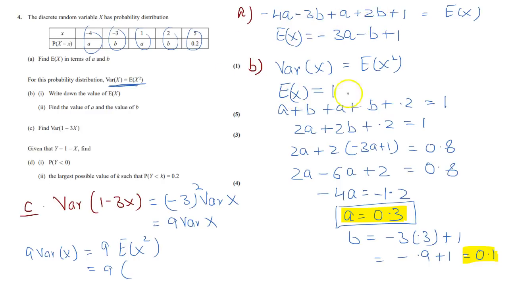E(X squared) was this, so now it will be the squares. So minus 4 squared is 16A, plus 3 squared is 9B, 1 squared and A is A, 2 squared is 4B, and 5 squared is 25 times 0.2. 25 times 0.2 is 5.